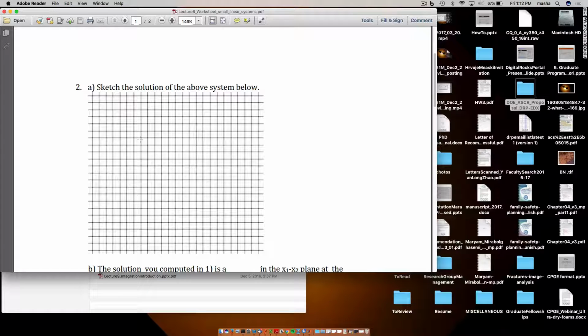And then finally, I can plug both x3 and x2 into the first equation. So I'll have minus 2x1 plus 1 plus 2 times 2 is 4 is equal to 9. 9 minus 5 is 4, so minus 2x1 is 4, x1 is minus 2.